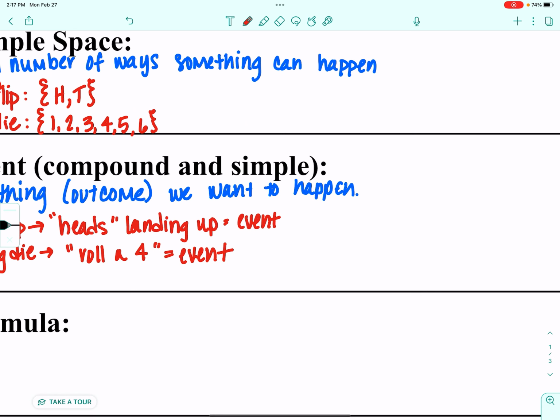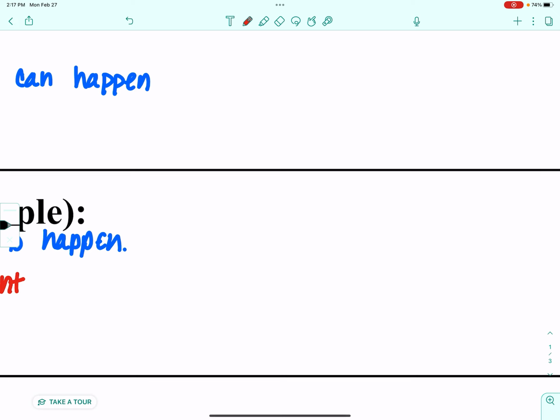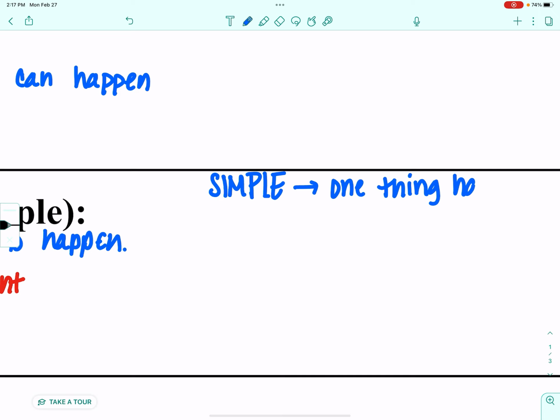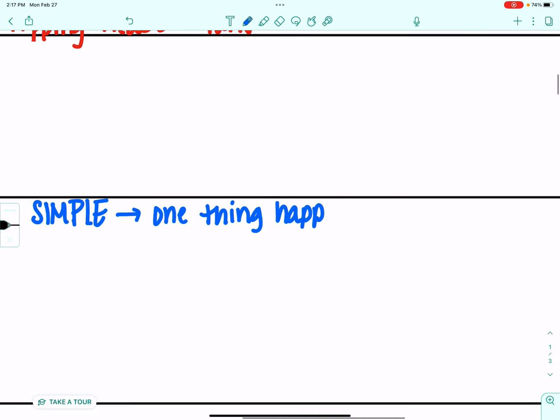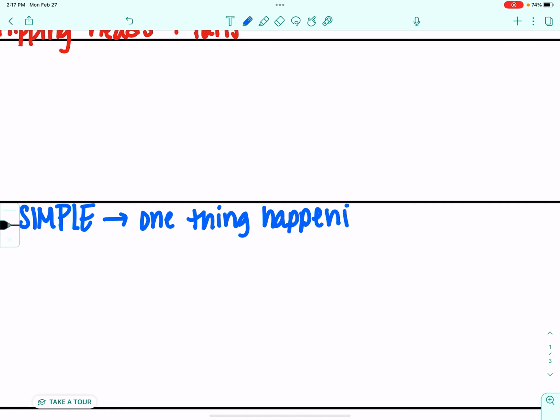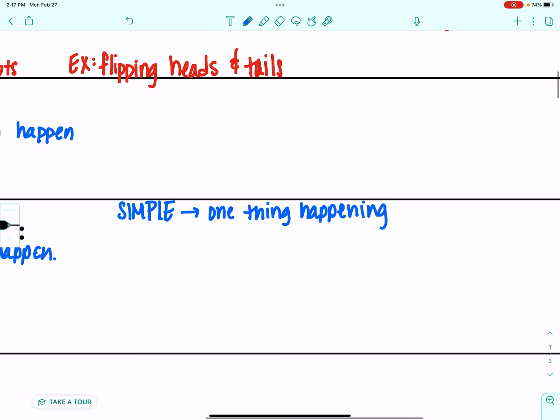There are two types of events. We can have compound events and simple events. A simple event is one thing happening. So rolling one die, drawing one coin. Those types of things are simple events.